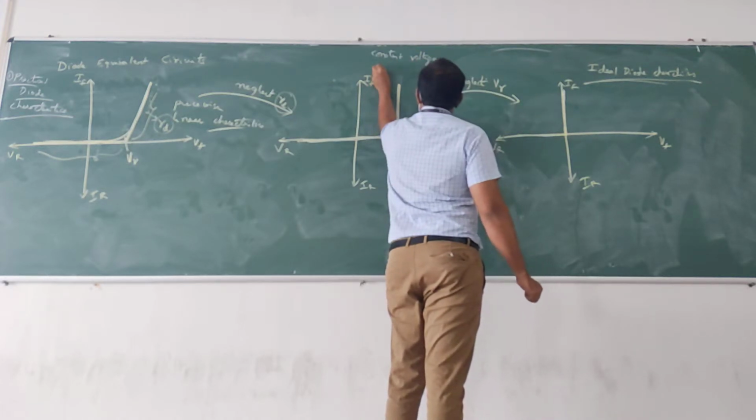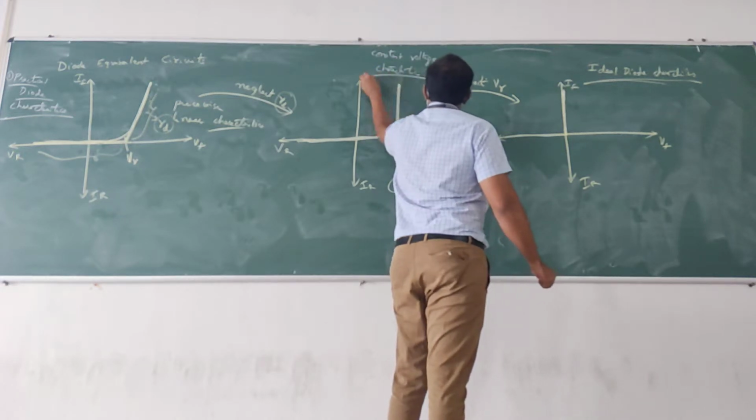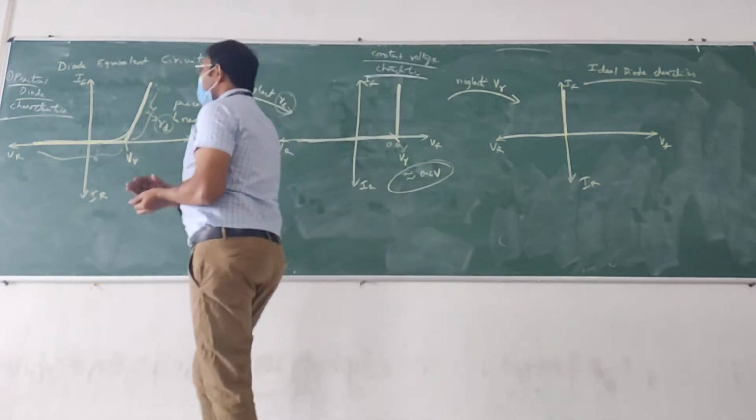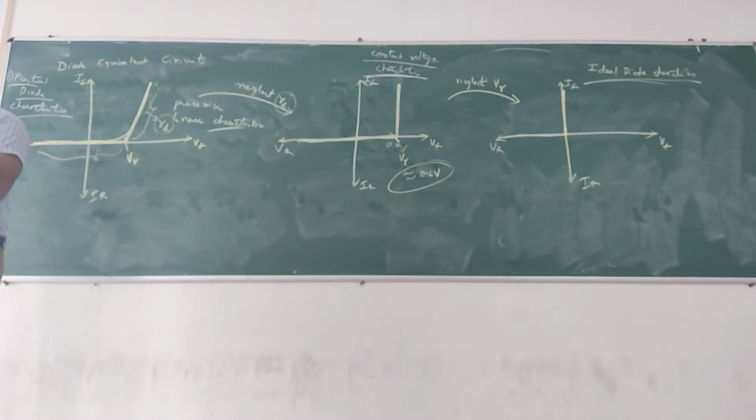Why are these called practical diode? Because we are considering both the diode resistance as well as the cut-in voltage. We are not neglecting anything. In the ideal case we neglect, so it is called the ideal model. In the practical case we are not neglecting, hence it is called practical diode characteristics.